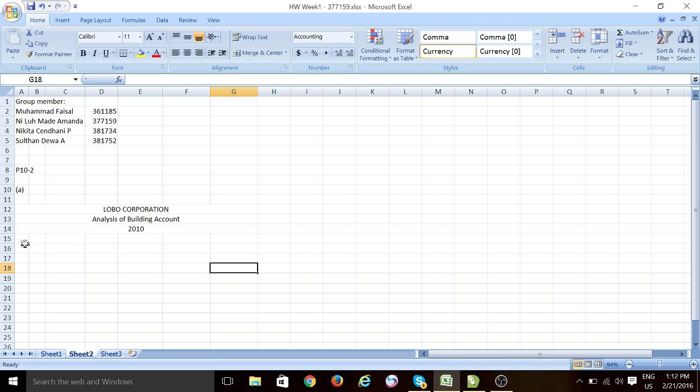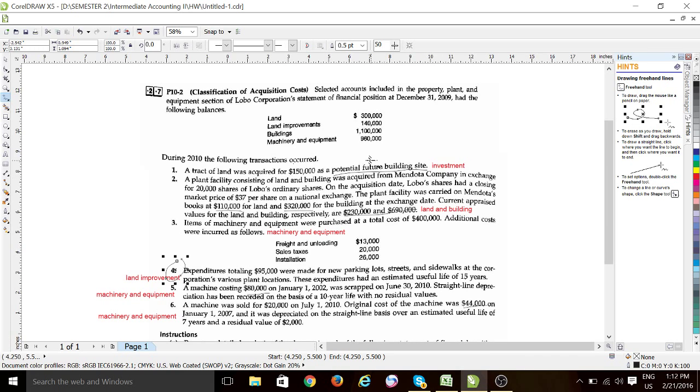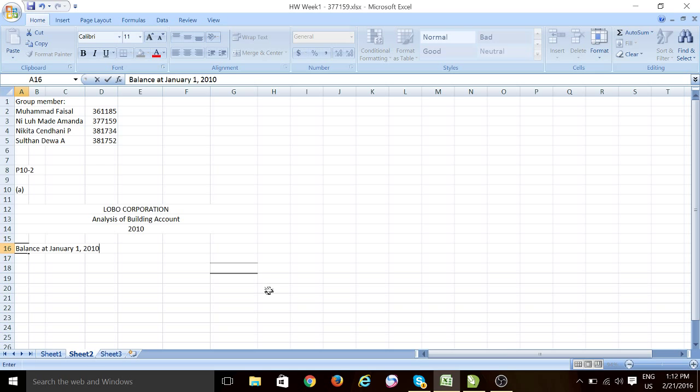So the name of the corporation, then the name of the account, the year, and as usual we begin with the beginning balance at January 1st, 2010. The beginning balance is $1,100,000.